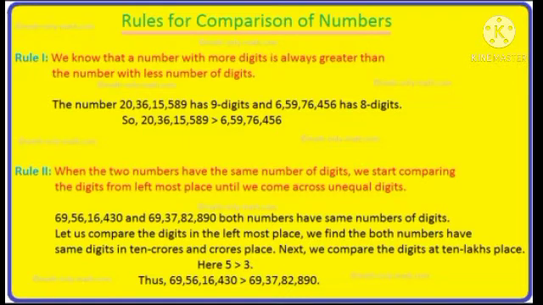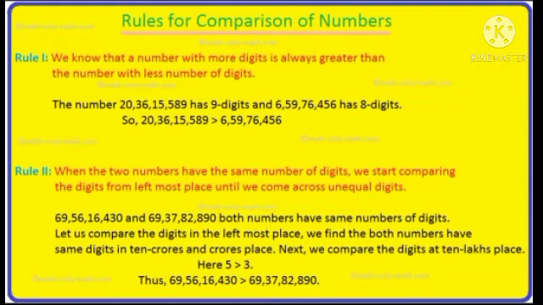Rule number 1: we know that a number with more digits is always greater than a number with fewer digits. And rule number 2: when two numbers have the same number of digits, we start comparing the digits from the leftmost place until we come across unequal digits.